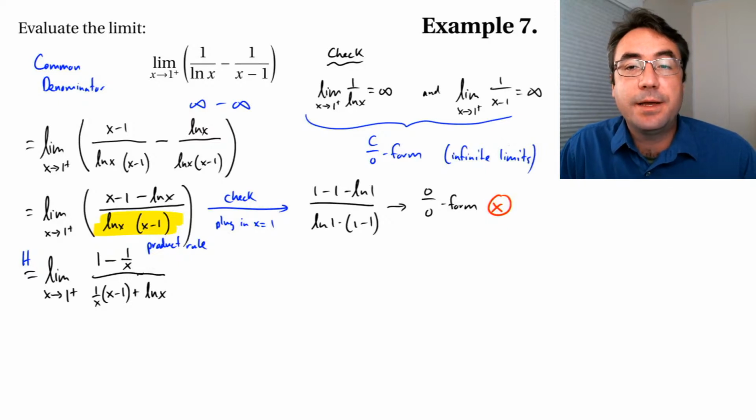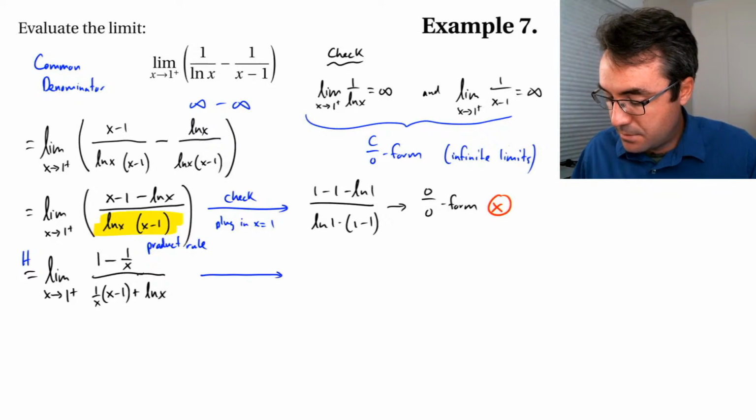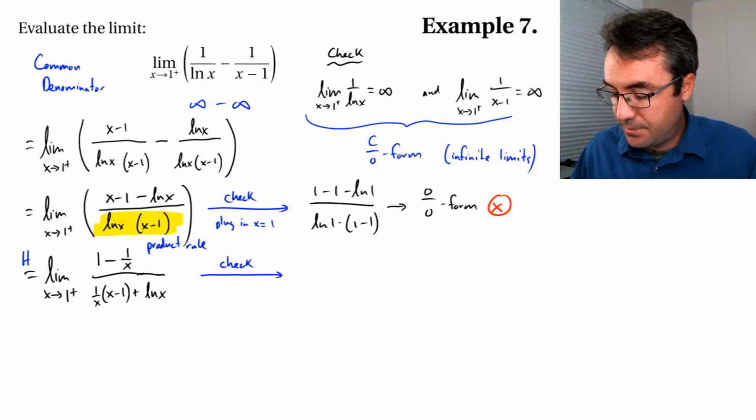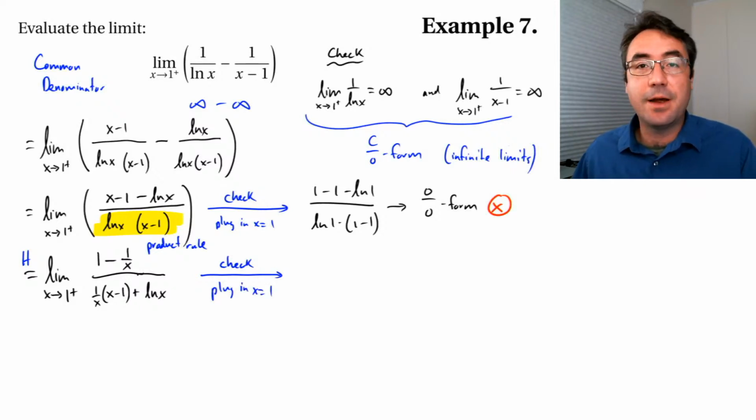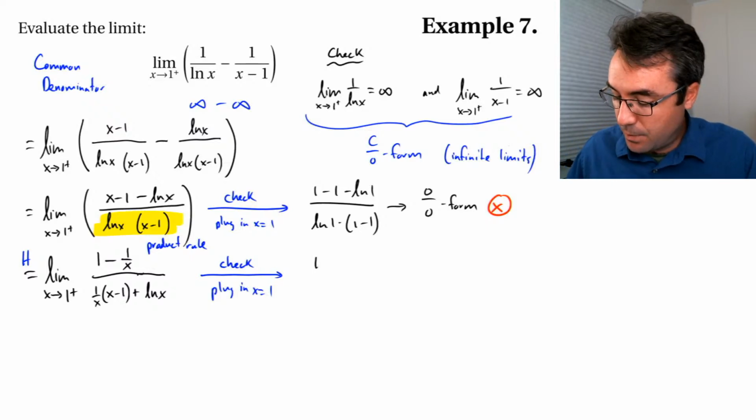All right, so we applied L'Hopital's rule. Let's just check to see if that gives us anything. We're going to plug in x equals 1, see what we get. And if we get a number, good, then we're done. But let's check it. So we get 1 minus 1 over 1, over 1 over 1 times 1 minus 1 plus natural log 1.